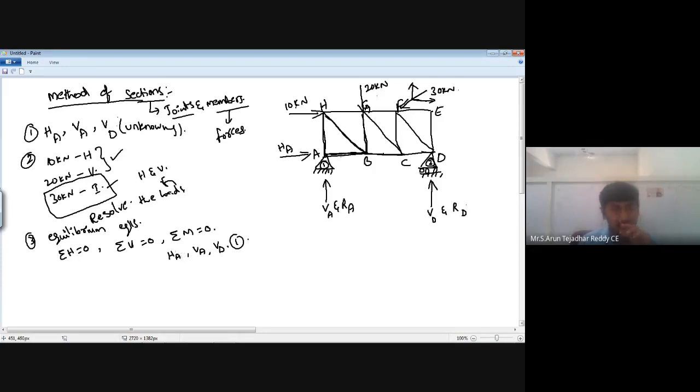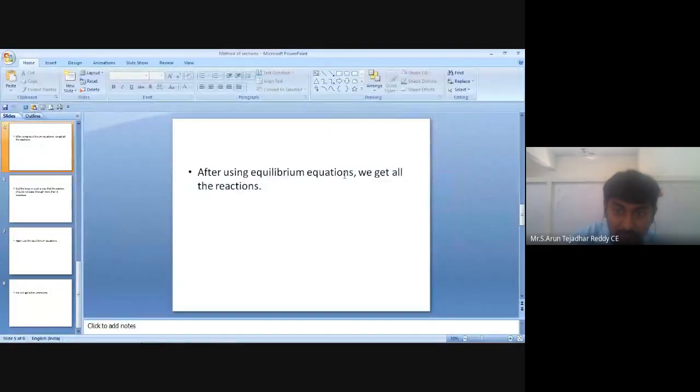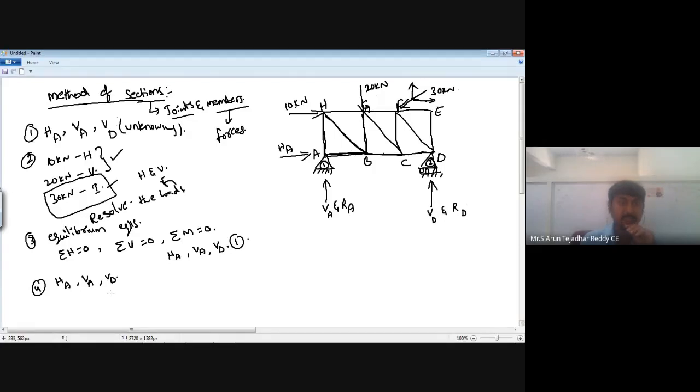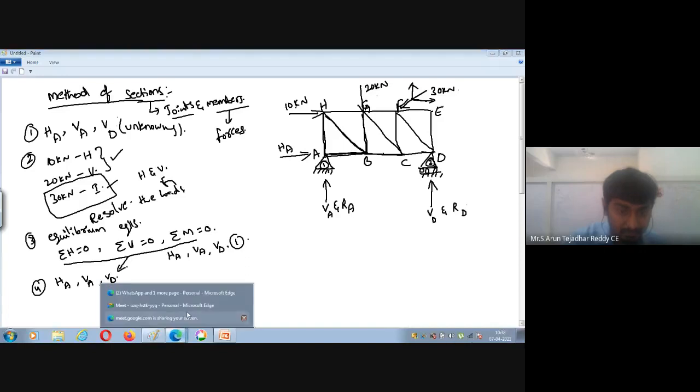And the fourth point, after using equilibrium equations, we get all the reactions, HA, VA, VD. So by using these equations, we can get these three values.